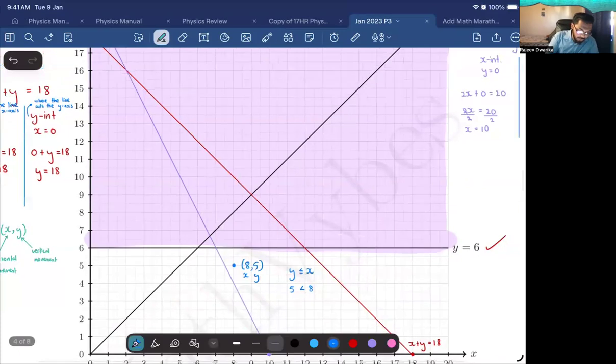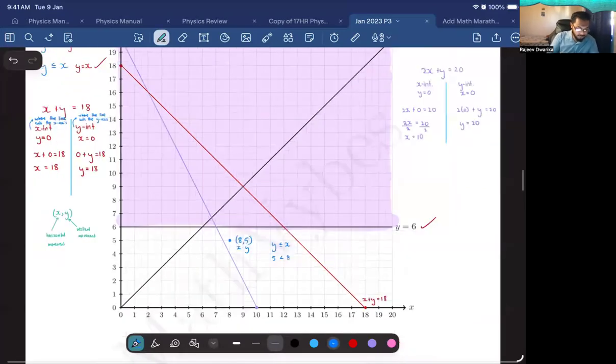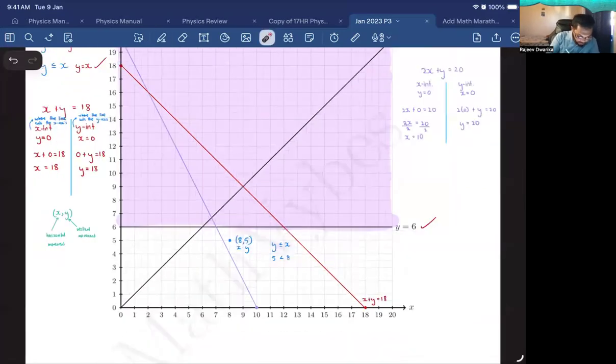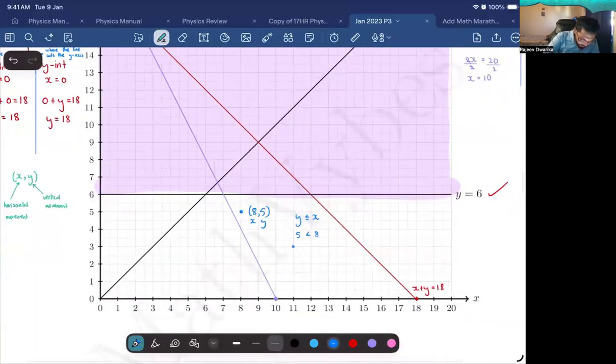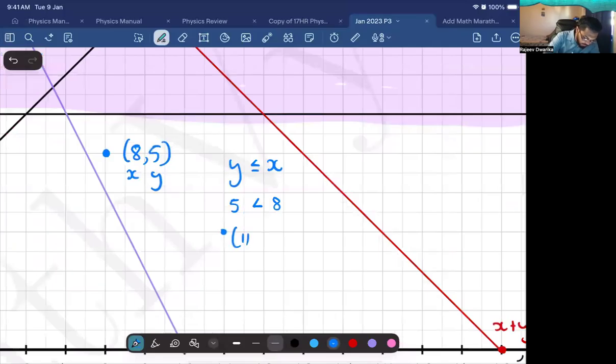If you don't believe me, we could take another point. Take another point in that region for me. 11 and 3. Again, y here is 3 and x is 11. Is 3 less than 11? Yes. Does it make sense for me to shade this region then?